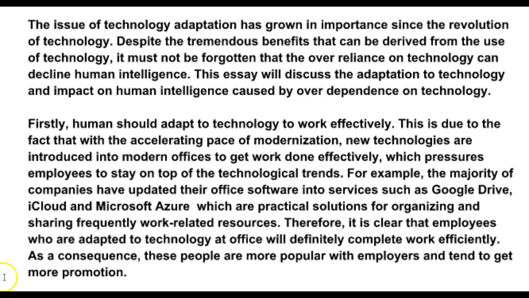Therefore, it is clear that employees who adapt to technology in the workplace will complete work more efficiently. As a consequence, these people are more popular with employers and tend to get more promotions, plural.